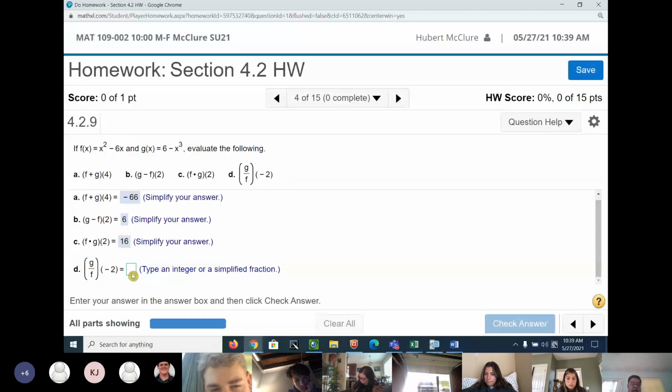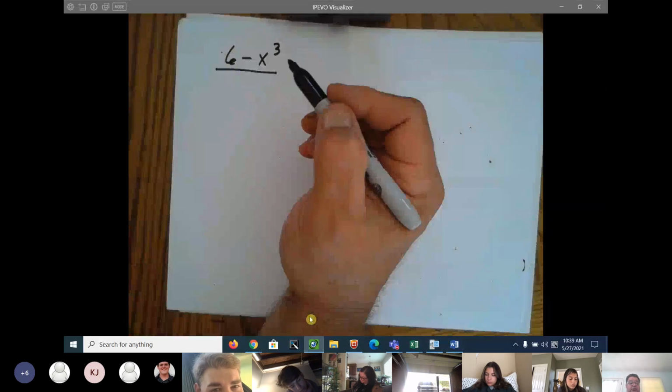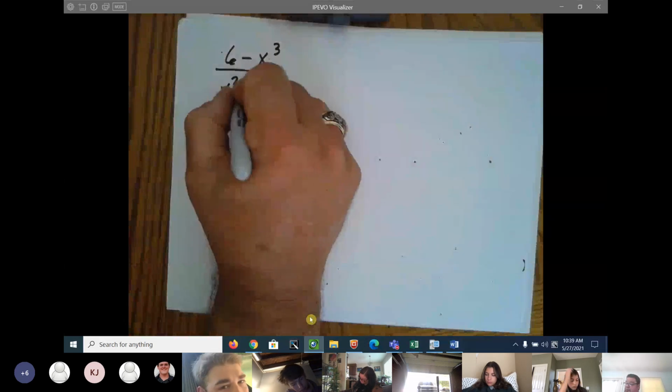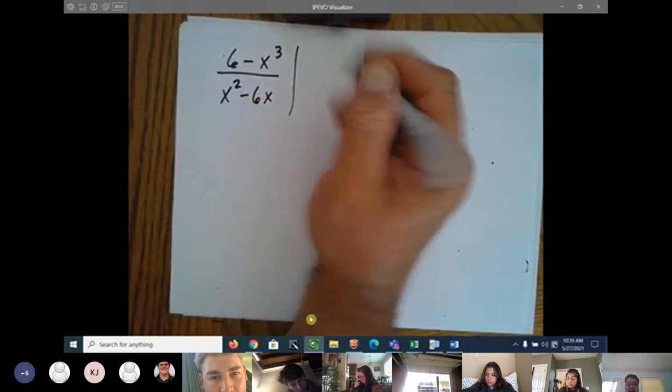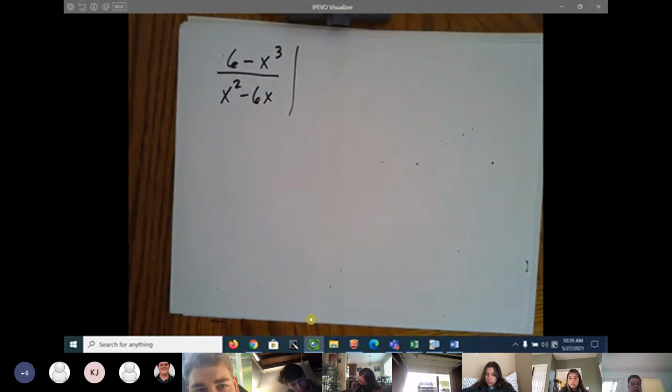Well, G is 6 minus x cubed divided by F, which is x squared minus 6x. And we're going to evaluate that at negative 2.